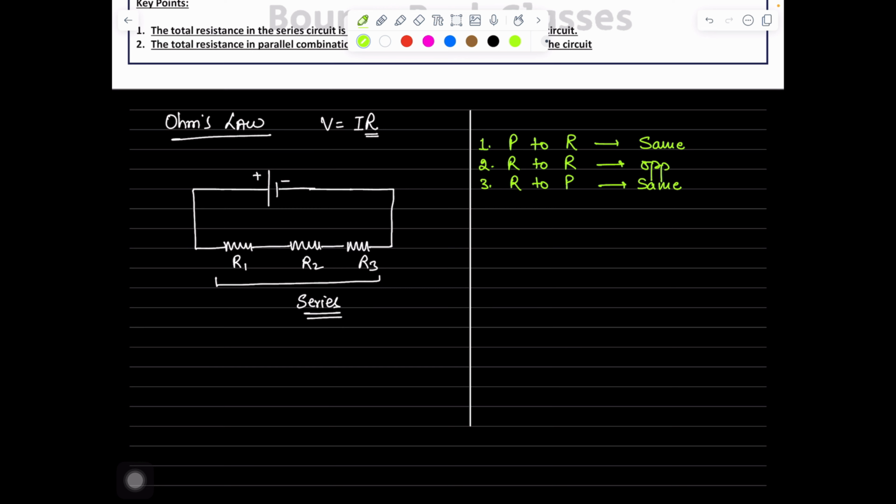The first thing is same, the second thing is opposite, and the third thing is same. I will explain this part. Let's say P means plate. We have two types of plates, the positive plate as well as the negative plate. This is your positive plate, and for your understanding, this is your negative plate.